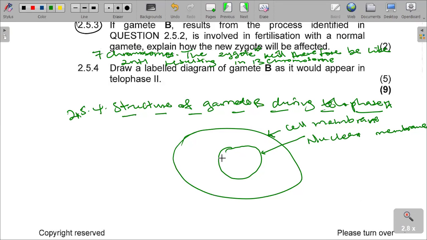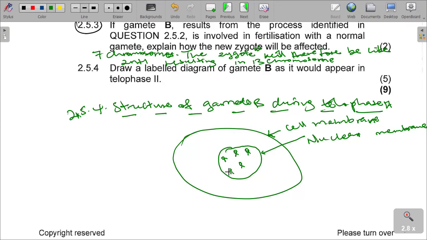And then we have got, of course, our chromosomes that are given here. We have got our chromosomes that must be there, and then we have got 1, 2, 3, 4.